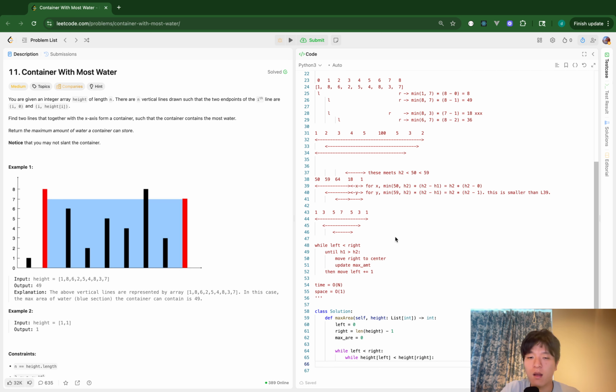Oh, I forgot one thing I have to take care of. I just showed the example of a mountain array. I mean, the height increases until some point, which is the top, then it decreases.